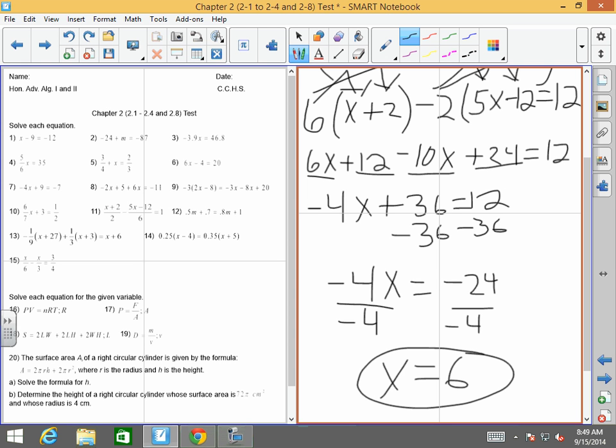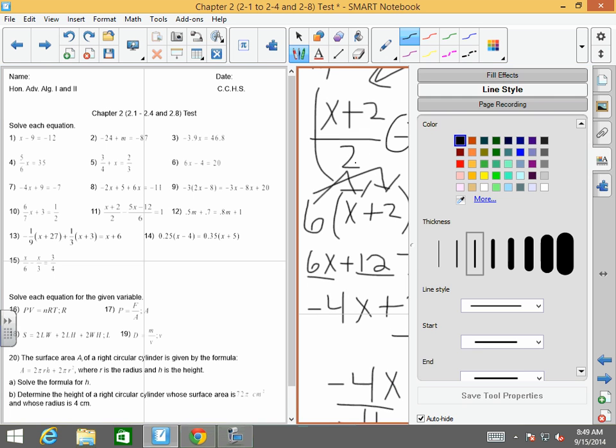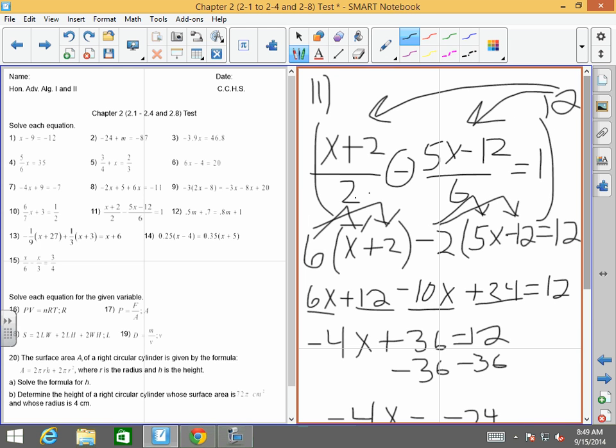What do you mean you don't understand? I have to distribute there. Okay, because I multiplied. Look, son. Thank you for your honesty. I'll change to red. When I multiply this 12 to this guy right here, what's 12 divided by 2? There's my 6. When I multiply this 12 to this guy right here, what's 12 divided by 6?